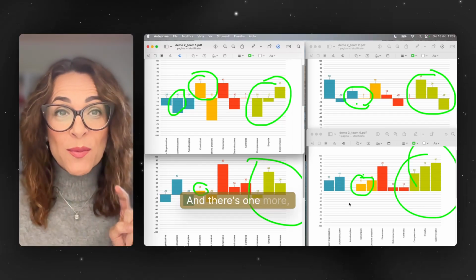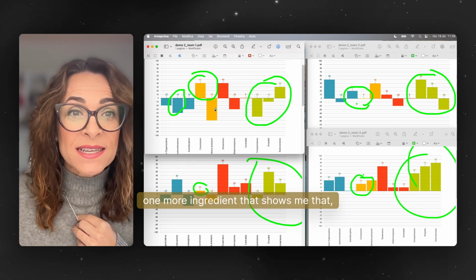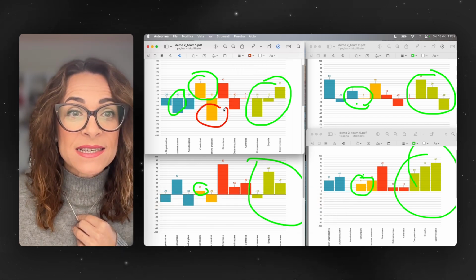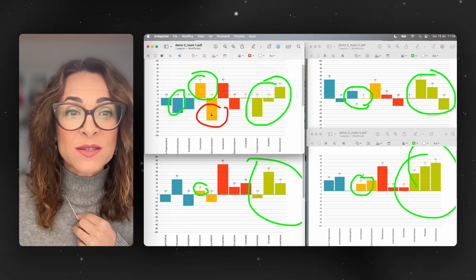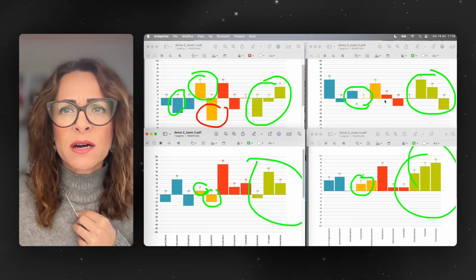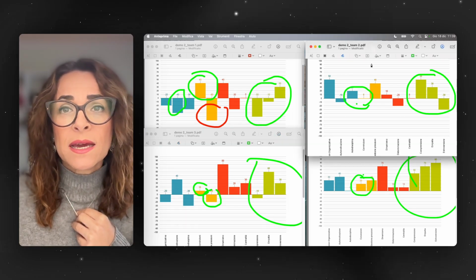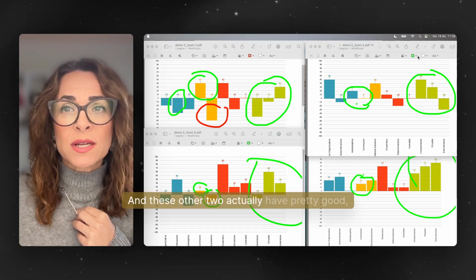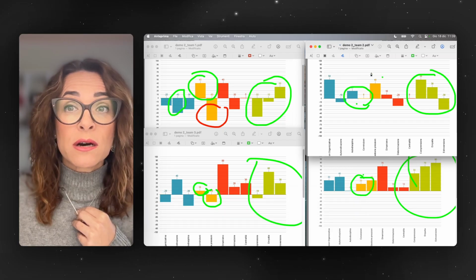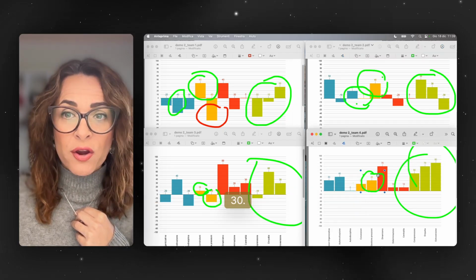And there's one more ingredient that shows me that, which is pressure management. Now, all of them have it, she's got it at -20, and these other two actually have pretty good pressure management, 40 and 30.